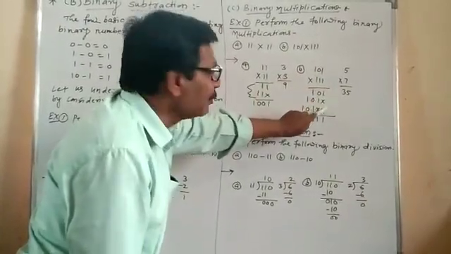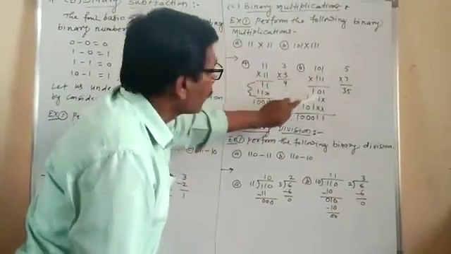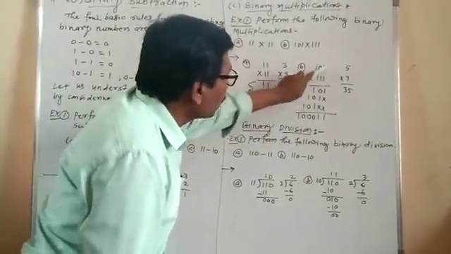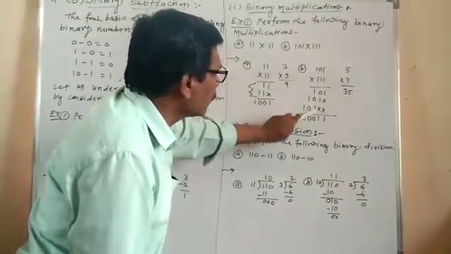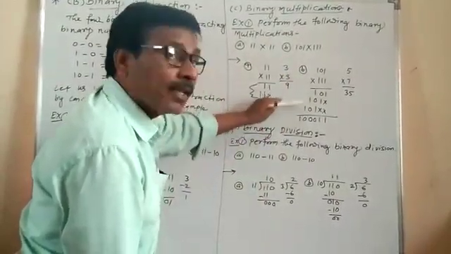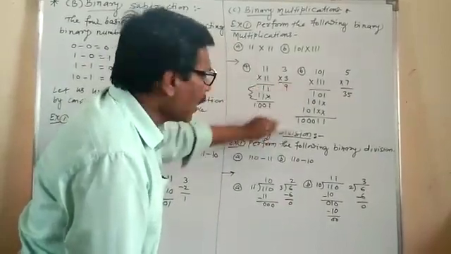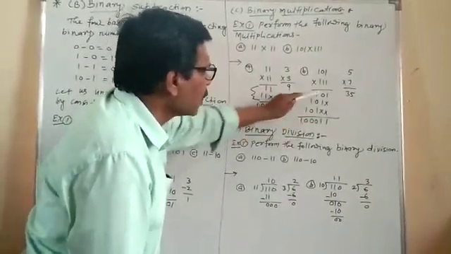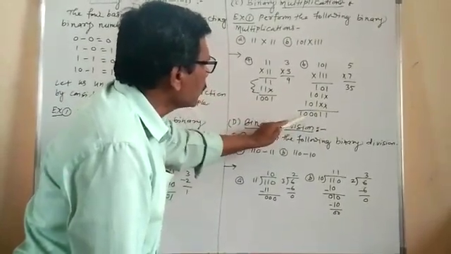This place I leave behind, and again I multiply this one with 101, which is again 101. This one multiplied by 101, again I get 101. I add all these partial products, and we get the answer 100011.